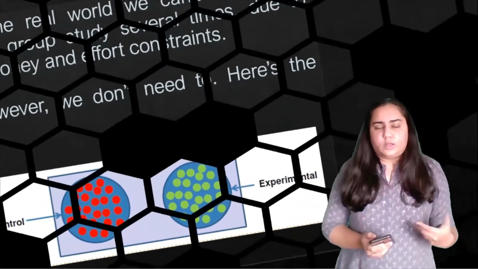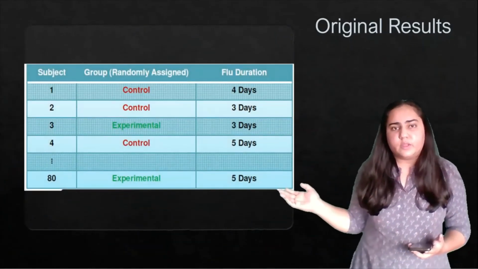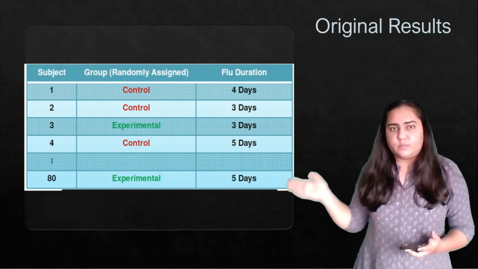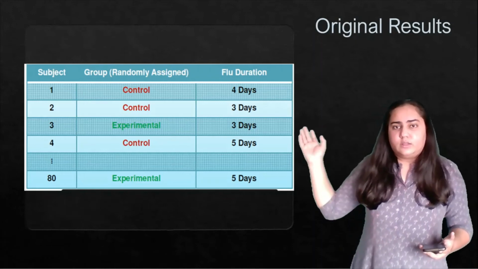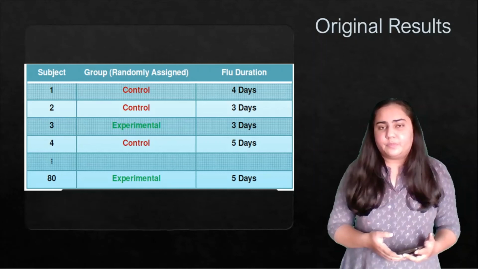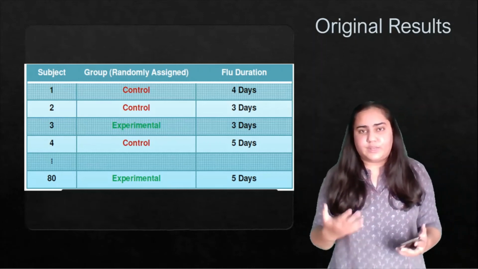This is what the original result looks like. This is the original result. What this table actually shows is number one is the first subject, the first volunteer. The first volunteer was put in the control group, that's why it's red, and he or she experienced symptoms for about 4 days.